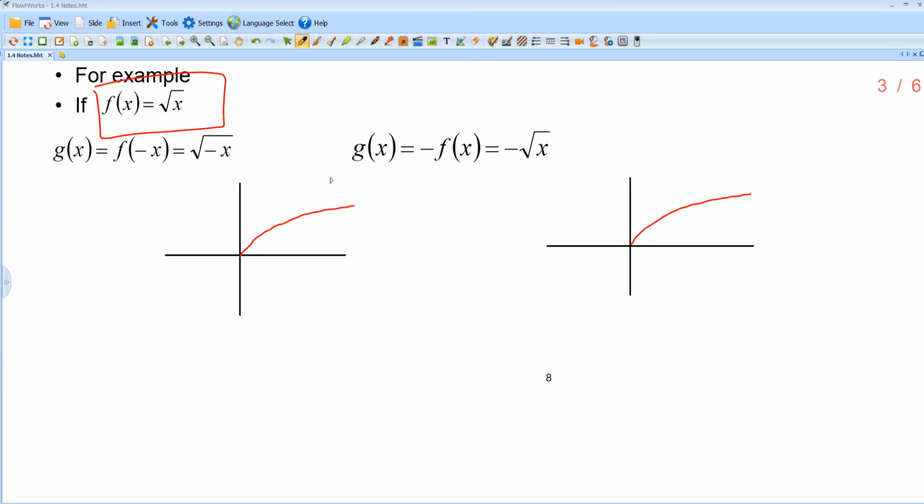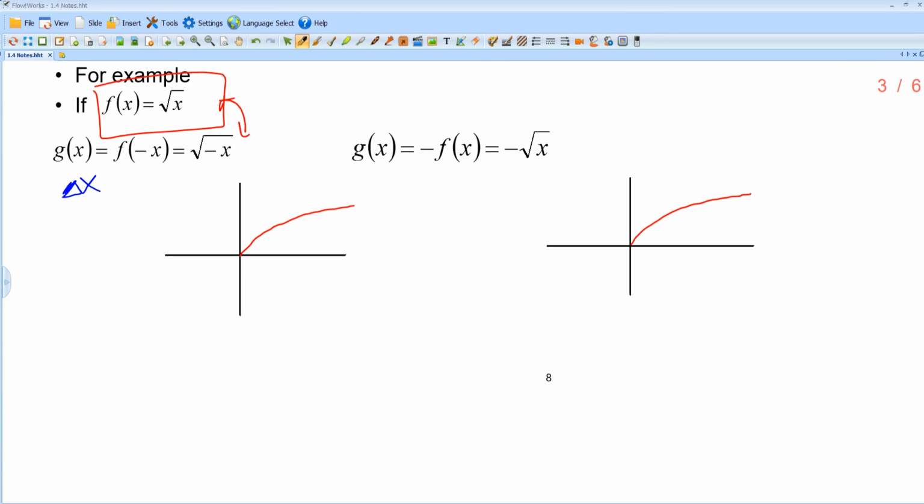When we're talking about reflections, remember that we're looking at these 2 functions, and all that happened was one of the variables changed signs. X changed into negative x. Well, what does that mean? That means that all I did was change my x value to negative x.